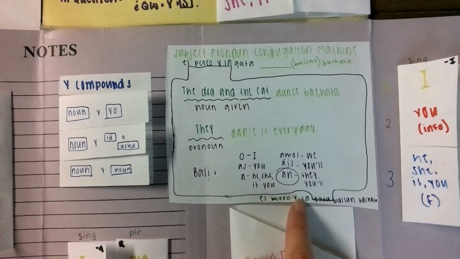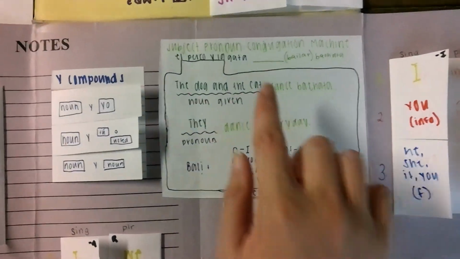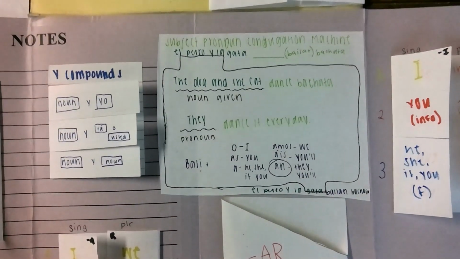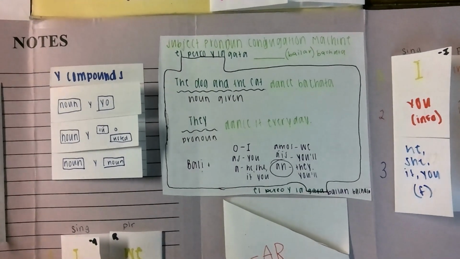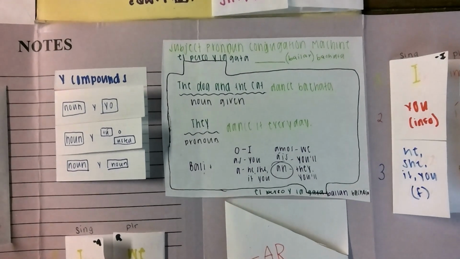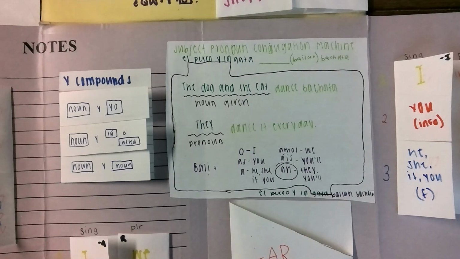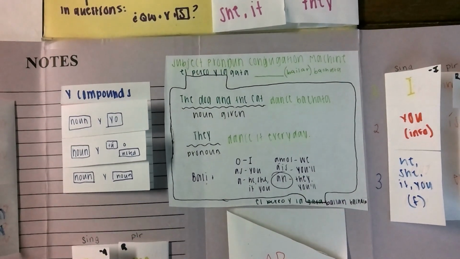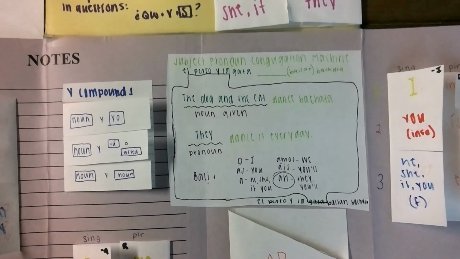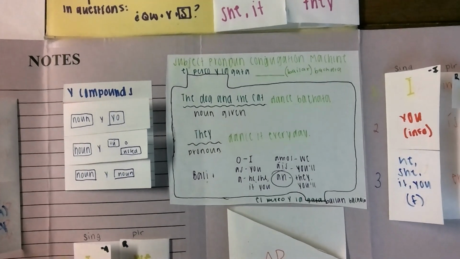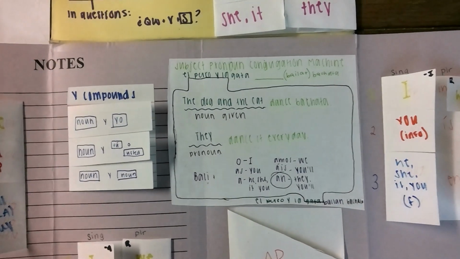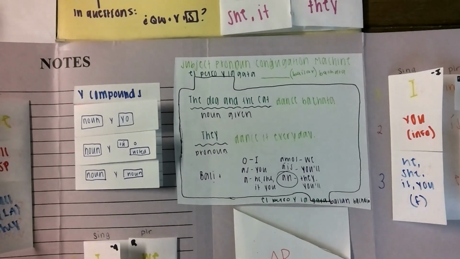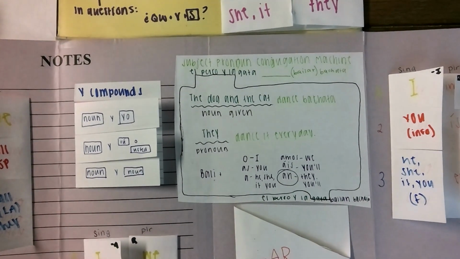Okay. So the goal for this subject pronoun substitution machine is that we're trying to figure out how to choose the verb ending, because I want to say, so this is an example, the sentence, the dog and the cat dance bachata. Okay, well, I know how to say the dog and the cat, I know how to say to dance, and I know how to say bachata.